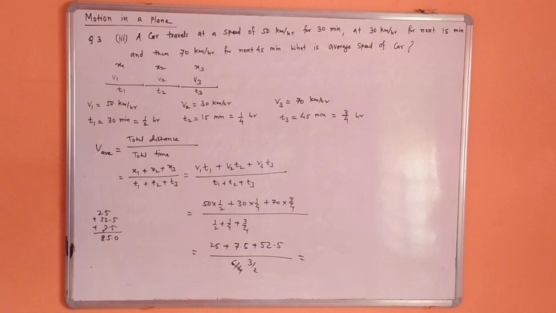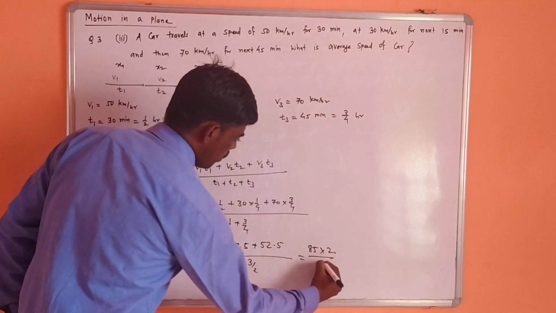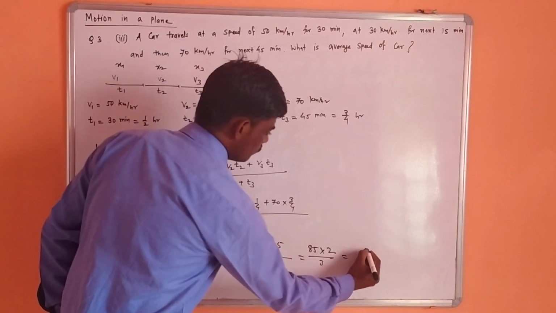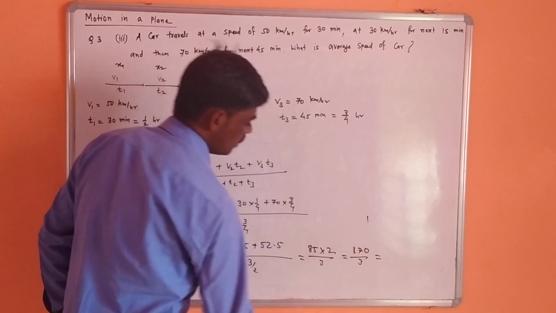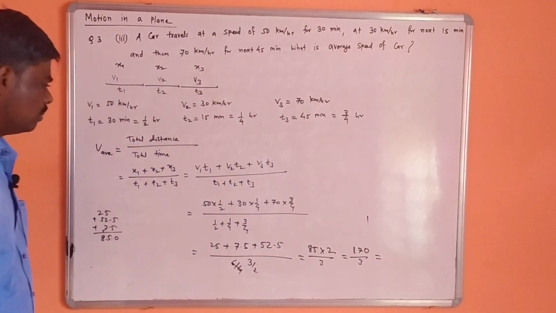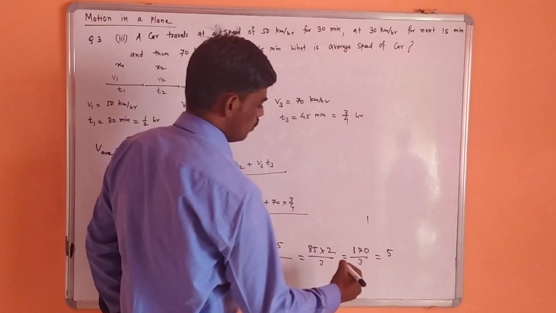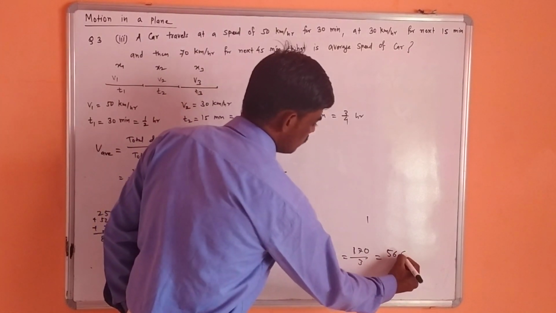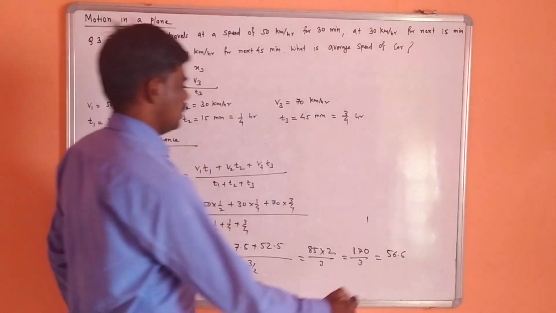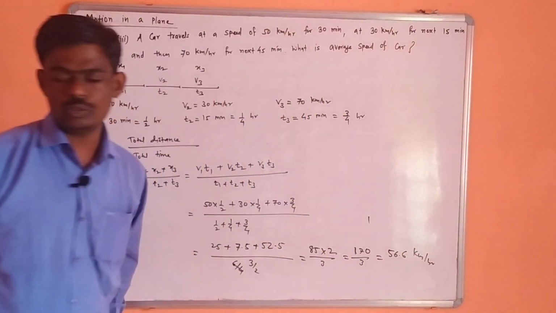Then 85 into 2 by 3 is 170 by 3, so it becomes 56.6. The answer is 56.6 kilometer per hour. This is your final answer.